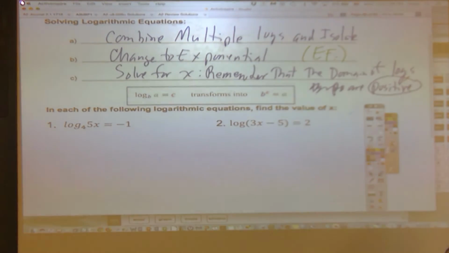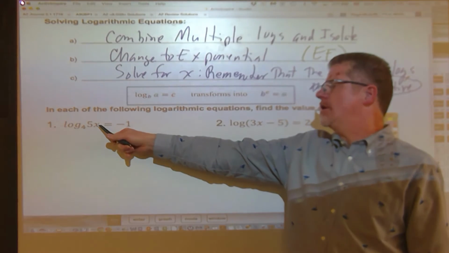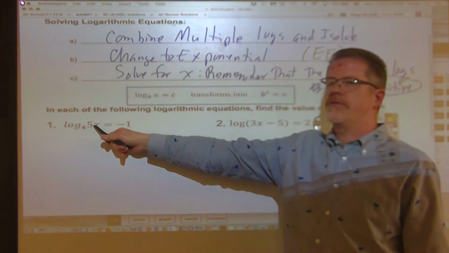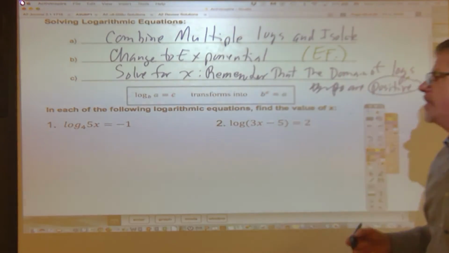So if you get an answer of -10, then something has gone wrong. You would have to reject -10 because the log base 4 of 5 times -10, you can never put a negative number into a log function.